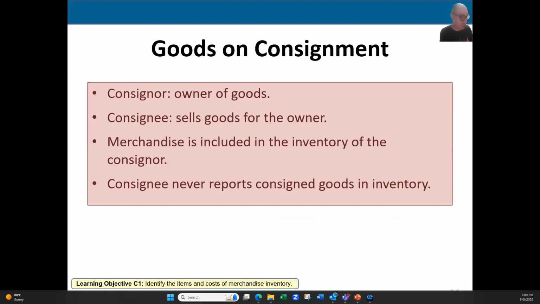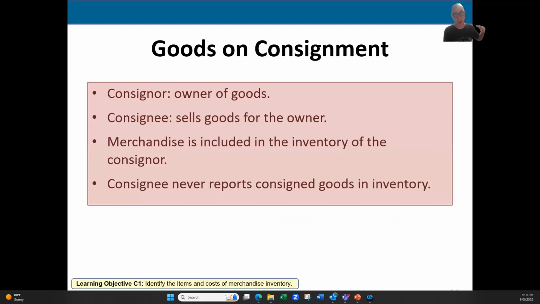Consignor is the owner of the goods. That's me. I'm the one trying to sell my stuff. I'm giving my stuff to the consignment shop. We call that the consignee. They're going to sell it for me at their store. The merchandise belongs to me, so I'm responsible for that inventory.